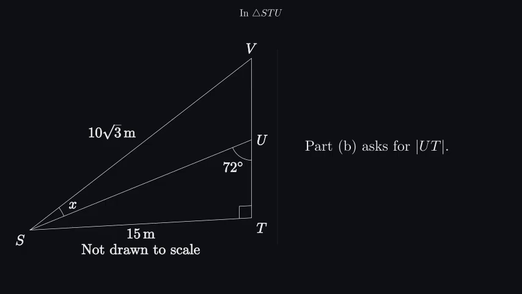So we use tangent. Using tangent, we write tan 18 degrees equals UT over 15. So UT equals 4.8743 m. Correct to the nearest whole number, 4.8743 rounds to 5. Therefore, length of UT equals 5 m, correct to the nearest whole number.